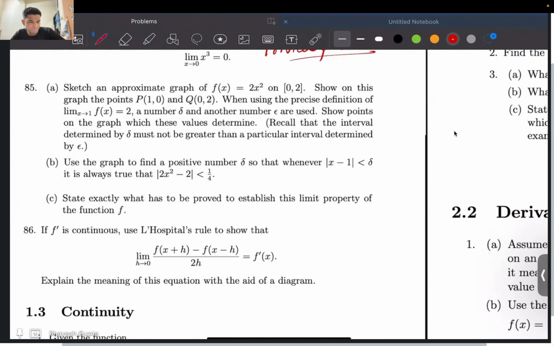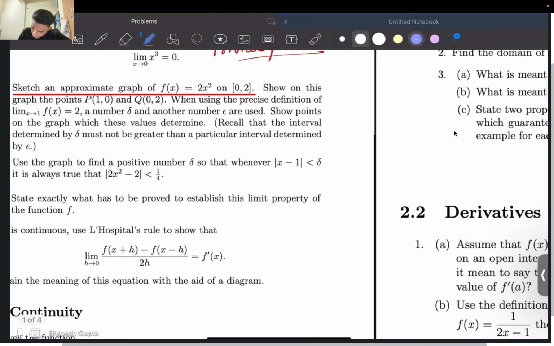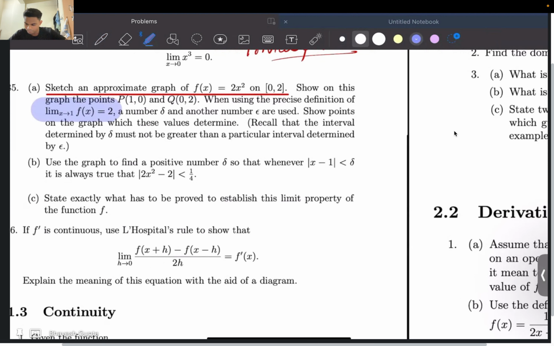This is an interesting problem because in this case, they tell you that you have to sketch an approximate function, basically a graph of a function. And in this graph, there are two points, P and Q. When using the precise definition of limit, a number delta and another number epsilon are used.